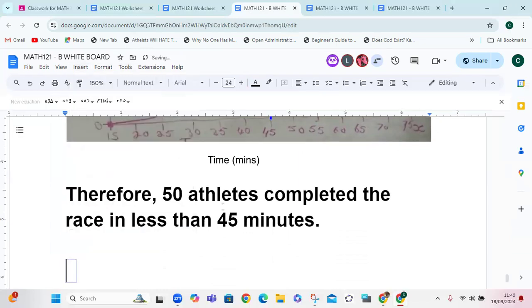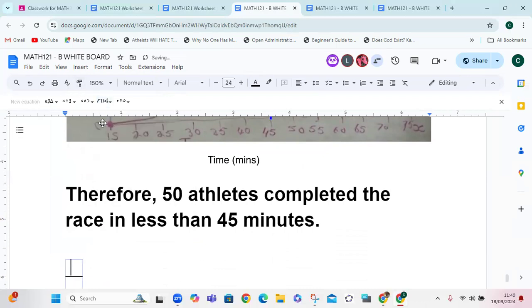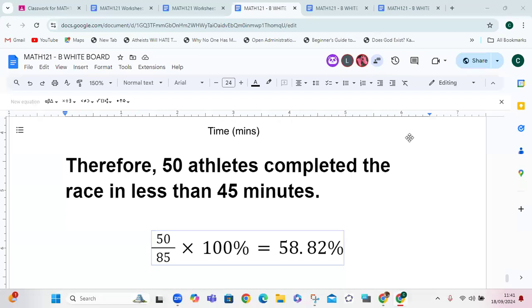So it's 50 out of 85 times 100. Converting a fraction to a percentage, and this will give us how much? So therefore, 58.82% of the athletes completed the race in less than 45 minutes.